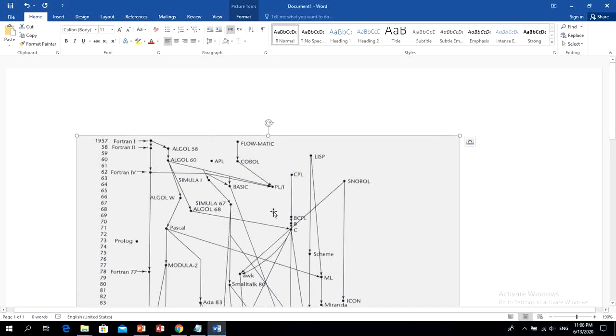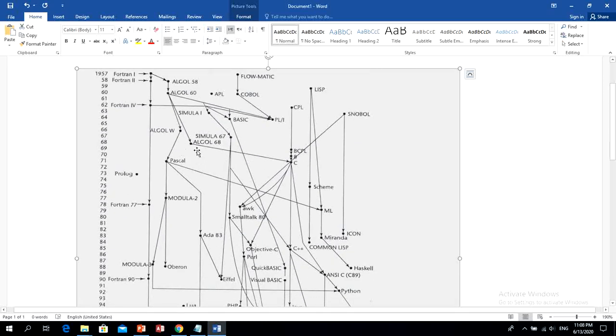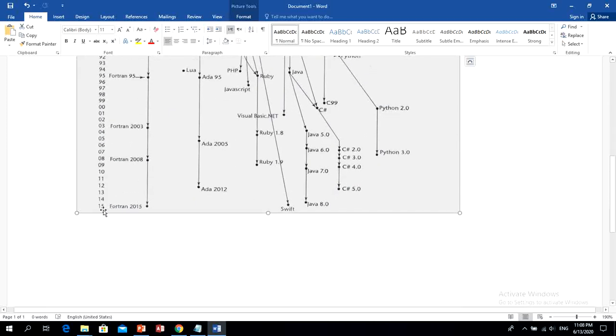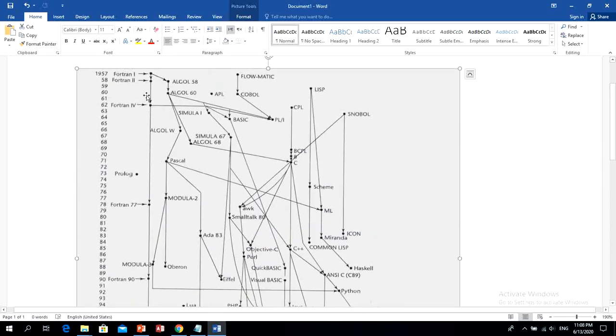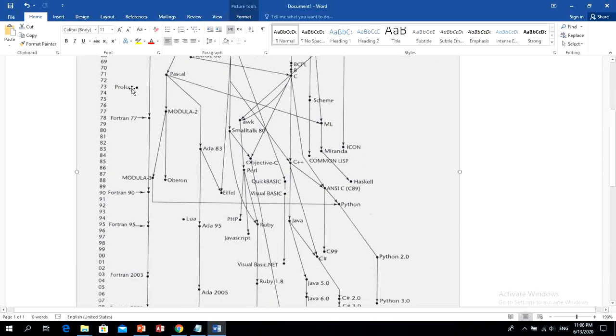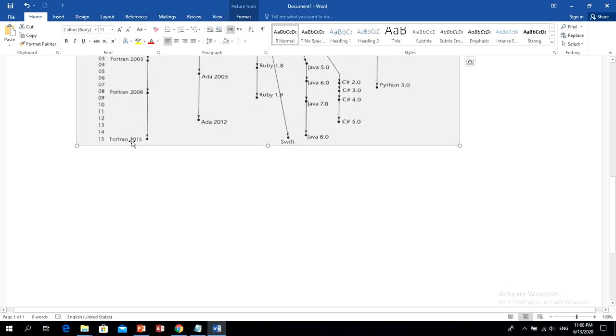In this one, you see that they're starting from 1957, 58, all the way to 2015. And they put Fortran here in the beginning because Fortran is a language that has been working, with a new version every time, from 1957 all the way to 2015. They have this latest version.